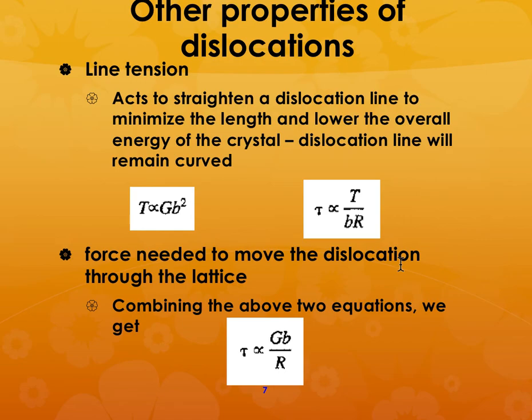And so you need a force needed to move the dislocation through the lattice. When you combine that, the shear force or shear strength is proportional to GB times R.